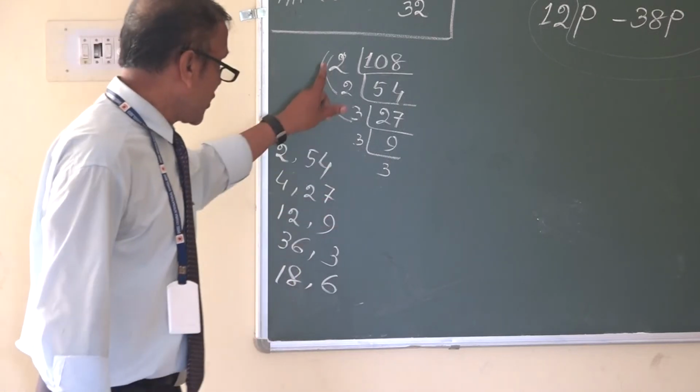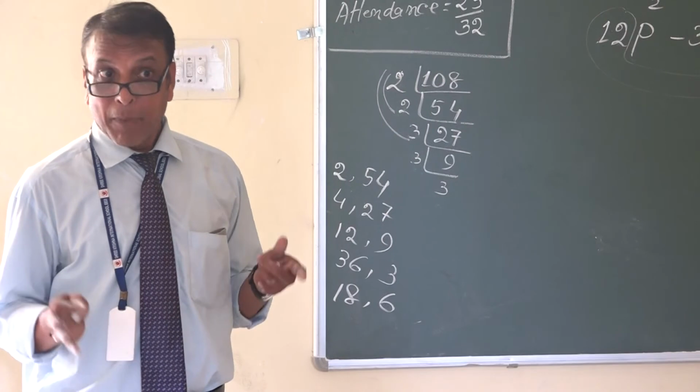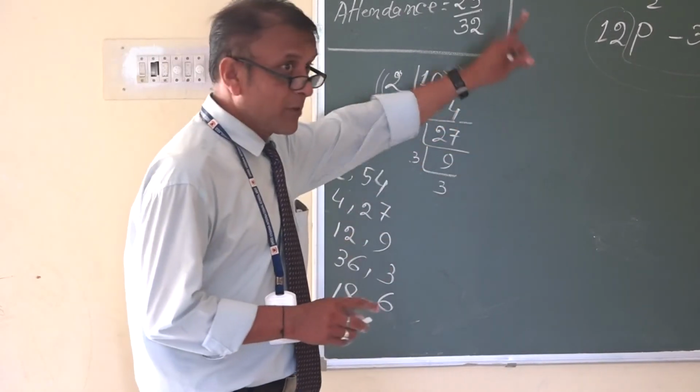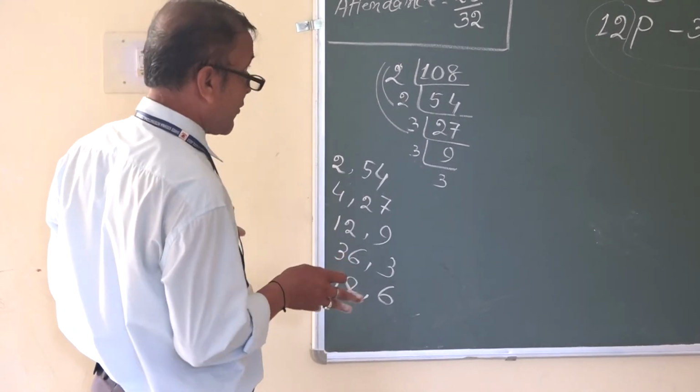By shuffling all those, you can get the different pairs. But which will be needed here? Which will be used here?